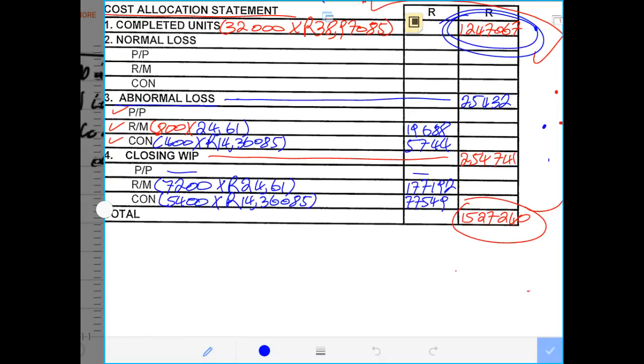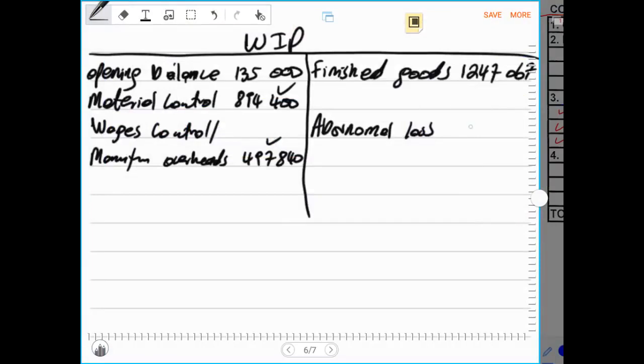There we do have abnormal loss. Abnormal loss amounted to 25,432, and it was split into conversion and raw material. That will be the total of our abnormal loss, 25,432.